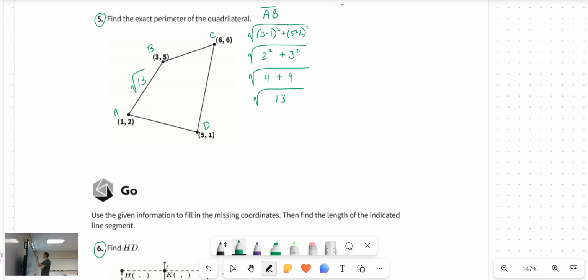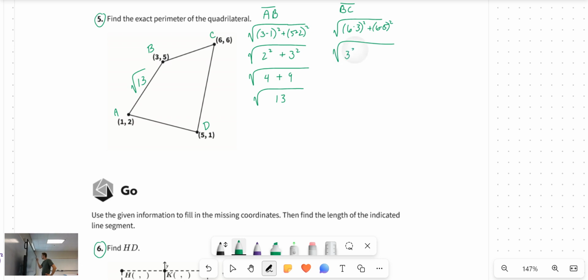All right, from B to C. We have 6, 6, which will be pretty easy. So we're going to have 6 minus 3 squared plus 6 minus 5 squared.